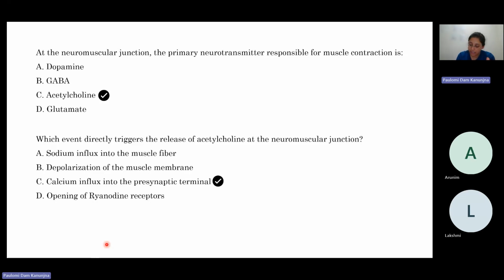It's good you answered incorrectly so that I can tell you again. There are three things happening in the neuromuscular junction. Remember excitation-contraction coupling. When I am talking about acetylcholine, I am talking about the synapse. So at the synapse, how does your acetylcholine come out? It was the fusion of the vesicle and the burst of the vesicle, with the neurotransmitter coming out.